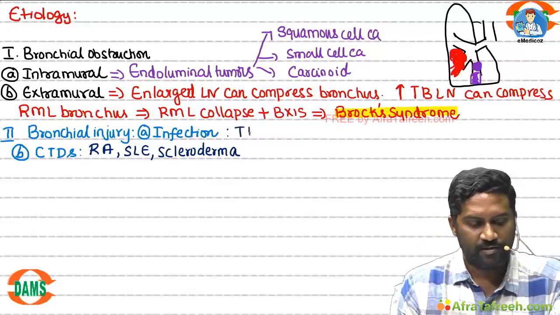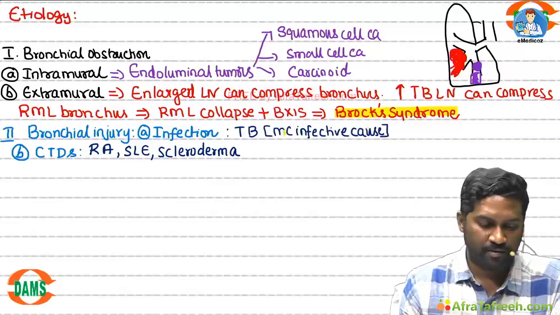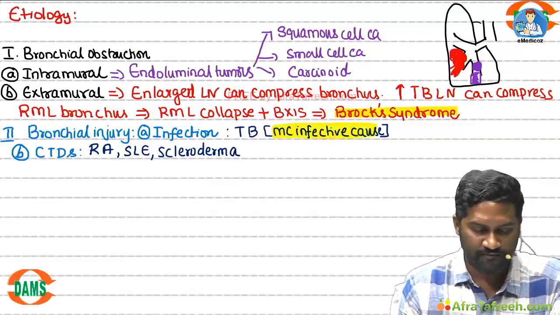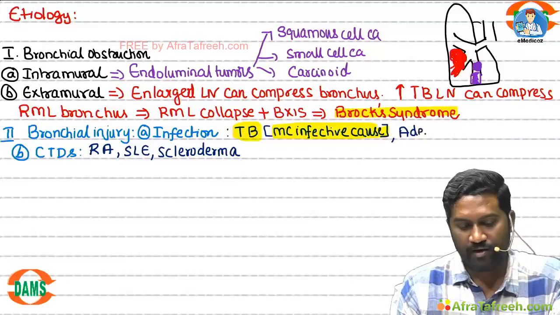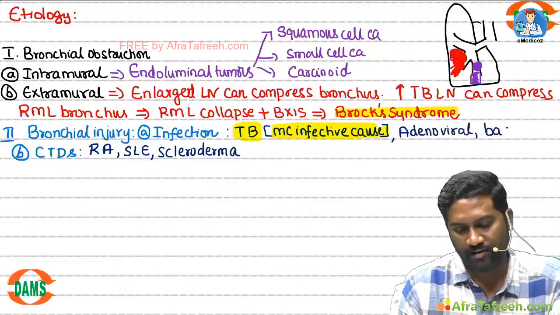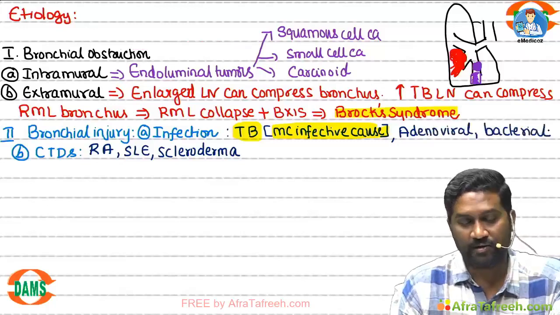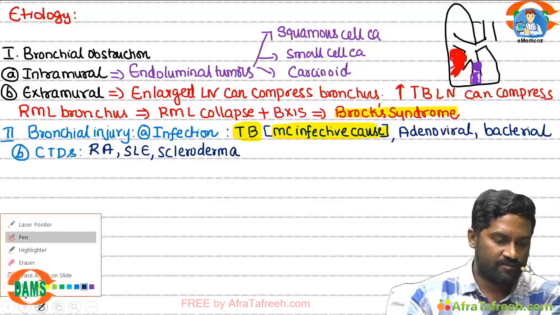Infections, TB right now is considered the most common infective cause for bronchiectasis. So, if they ask you what is the most common infective cause of bronchiectasis, your answer should be tuberculosis. Along with that, adenoviral infections and other bacterial infections can also cause bronchiectasis, but TB is considered the most common infective cause.